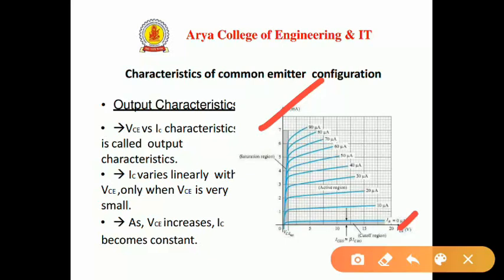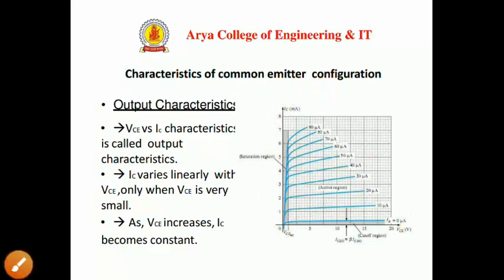IC varies linearly with VCE when VCE is very small. You can see here, when VCE is very small, IC varies linearly, but as VCE increases, it becomes almost constant. Clear? So these are the output characteristics for the common emitter configuration.